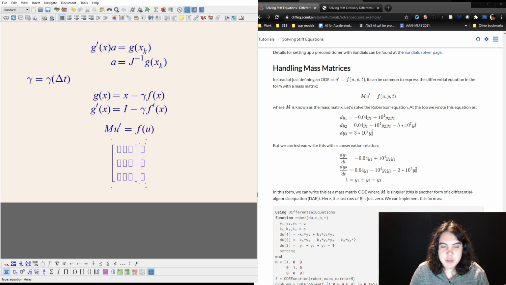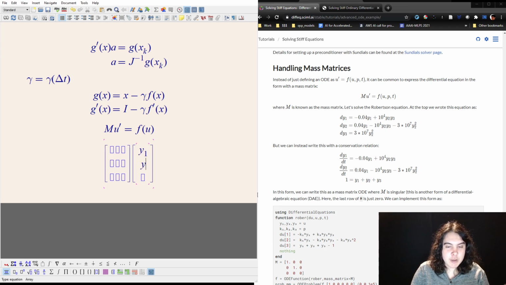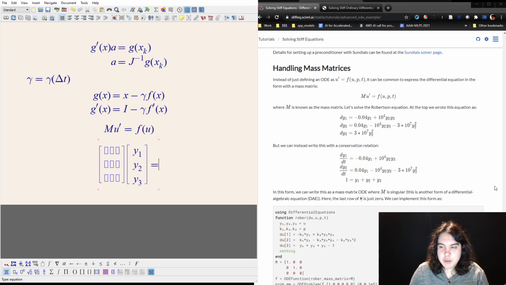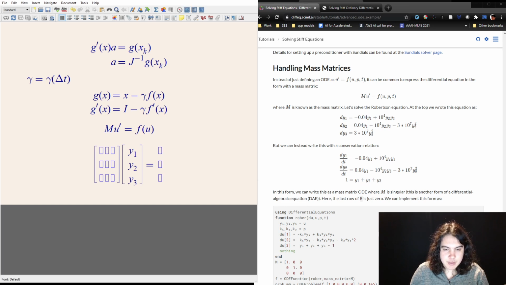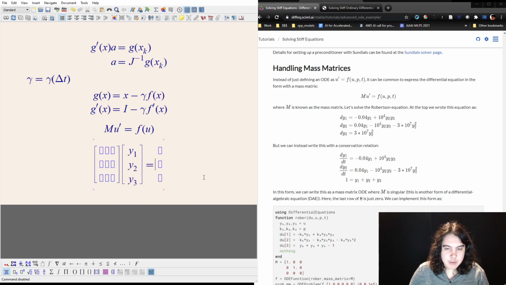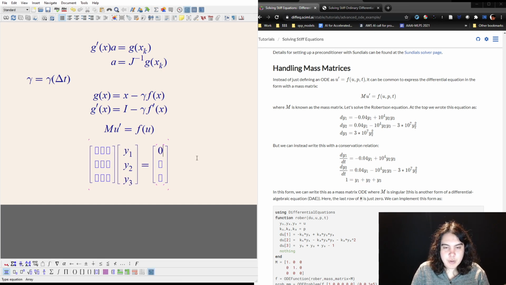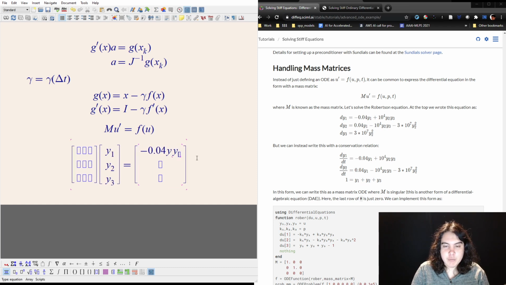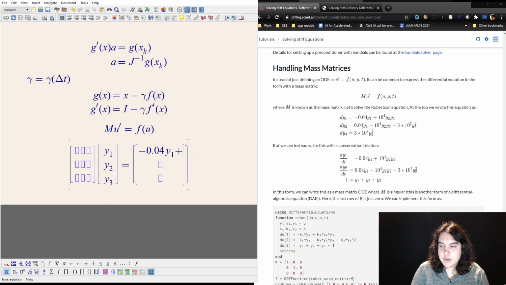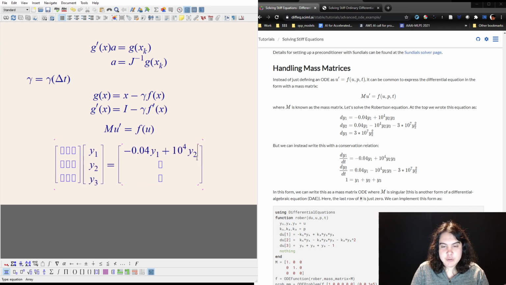So here, we want to look at the matrix vector notation of this equation. y1, y2, y3 equals, well, let's write out this equation. It equals 0 minus 0.04 y1 plus 10 to the 4th y2 y3.